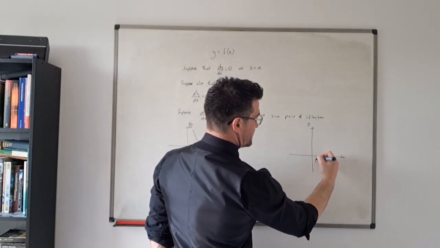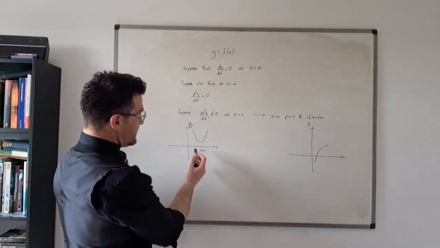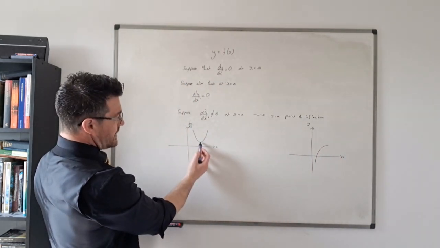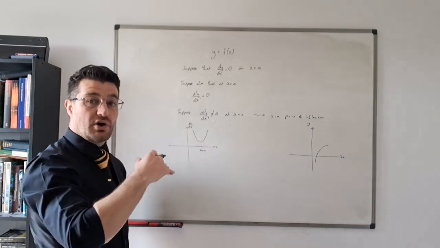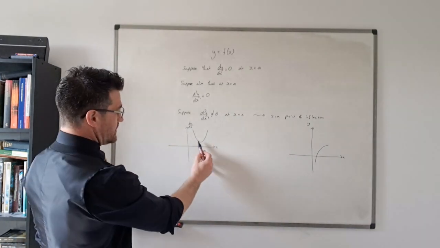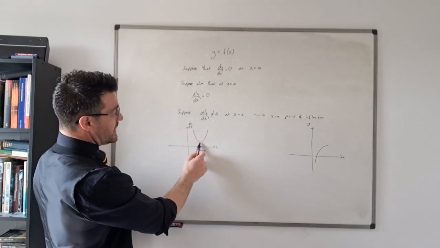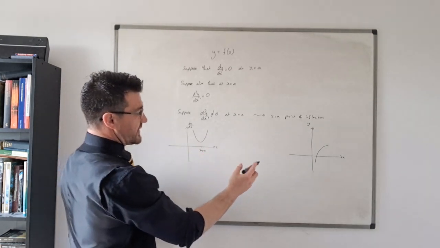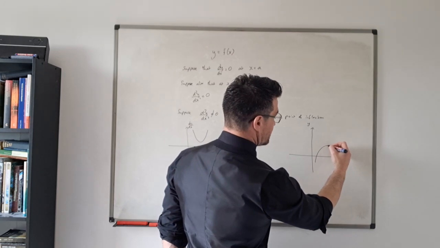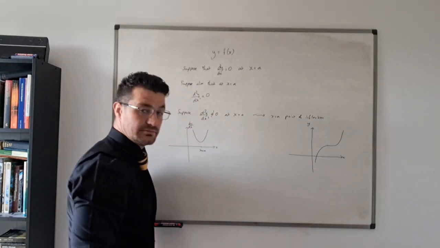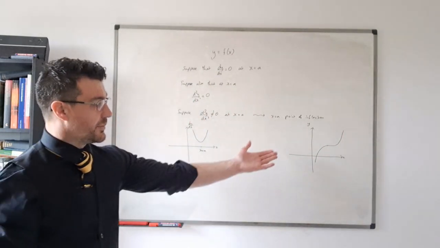Well, that's going to look something like that. And then we get a gradient of 0. But then what happens? The gradient goes positive again. So the gradient's positive, decreasingly so, right down to 0, and then starts to become positive again and increasingly so. So I get something like that, a point of inflection.